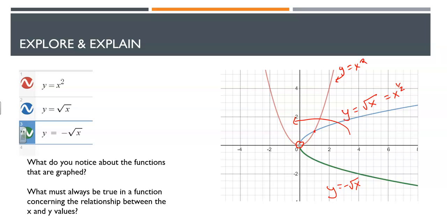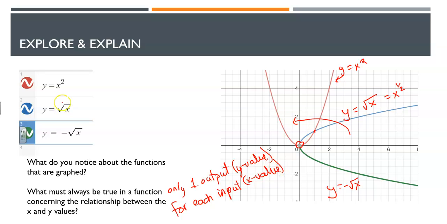Now when we talk about a function, what has to be true about x and y? We can only have one output, or y value, for each input, or x value. And that's really important.